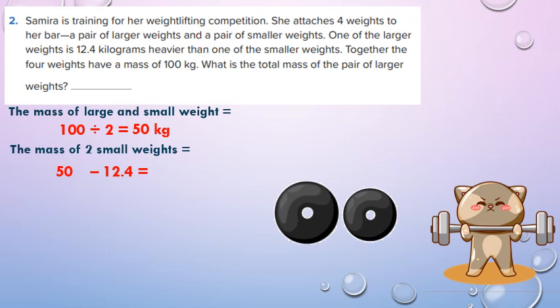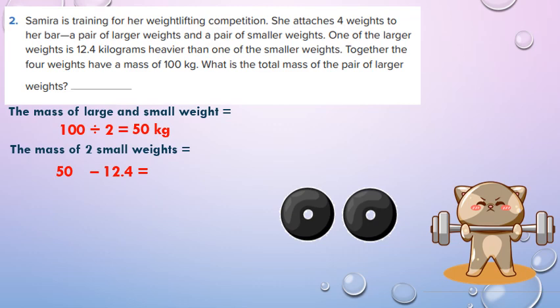If we subtract from 50 the 12 and 4 tenths, the difference between the large and the small, we take the increased part in the large away from the 50 kilograms and replace the bigger one with a smaller one. So the mass of two small weights is 50 minus the difference.